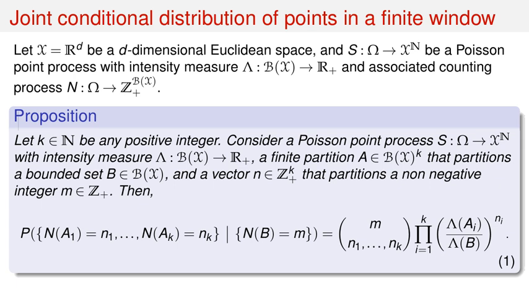The proposition states that the probability of observing N of A1 equals n1, N of A2 equals n2, and so on till N of Ak equals nk, given that the total number of points in B, N of B, is m, is given by the multinomial probability m choose n1, n2, and so on till nk, times the product from i equals 1 to k of lambda of Ai divided by lambda of B, all raised to the power ni. This is our equation 1.